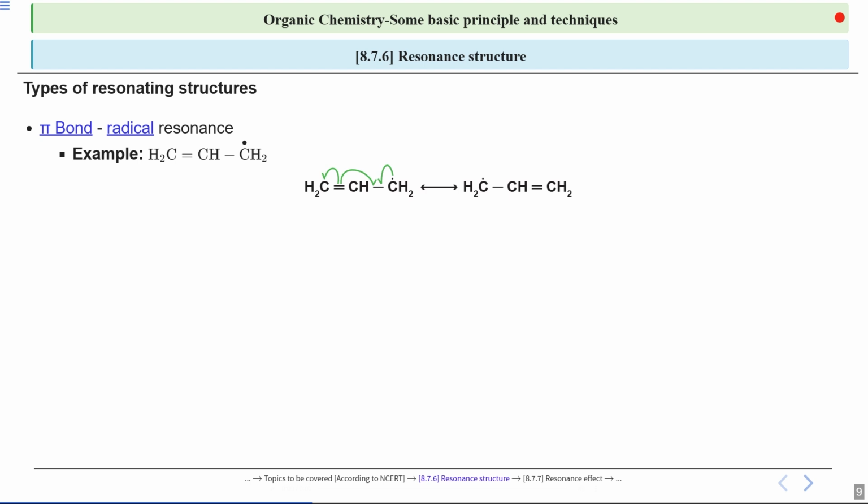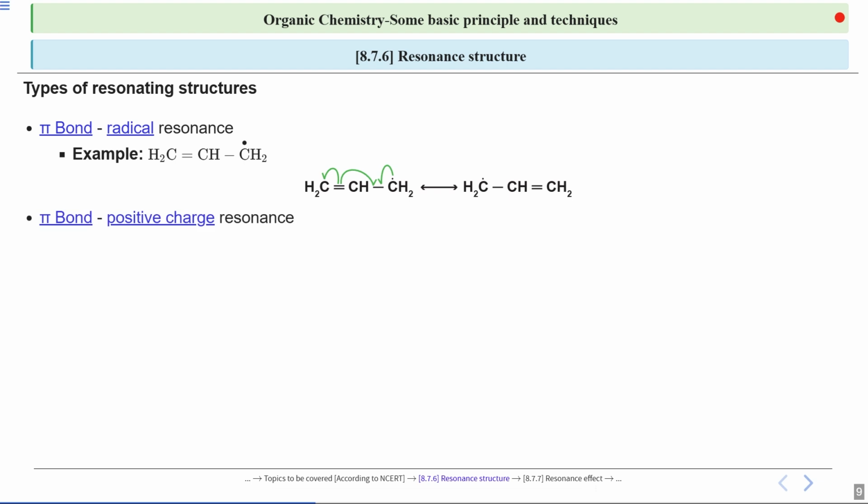The most probable outcome can be that your radical can pair up with one of the pi electrons, and the other pi electron will move on to CH2, creating a radical on the left extreme carbon. Although these two structures are electronically the same, still the electrons are moving, okay, you can see it very clearly.